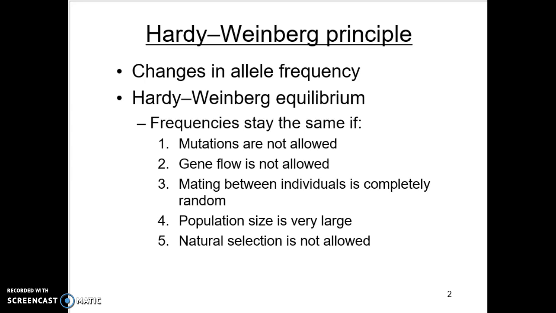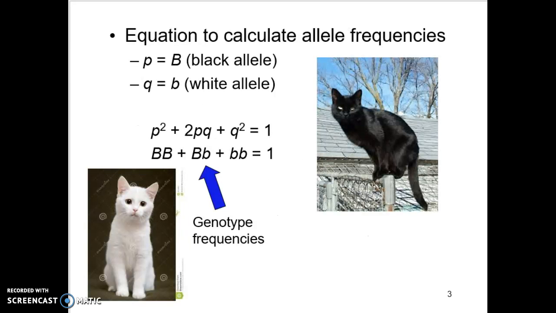Okay, so with Hardy-Weinberg, we use an equation to actually calculate the allele frequencies. And in this equation, we're looking at a simple dominant-recessive allele pair. Black is dominant to white in our cats. Big B for black, little b for white. Now you could be homozygous black, 2 big B's, heterozygous black, big B, little b, and then white, recessive, 2 little b's.